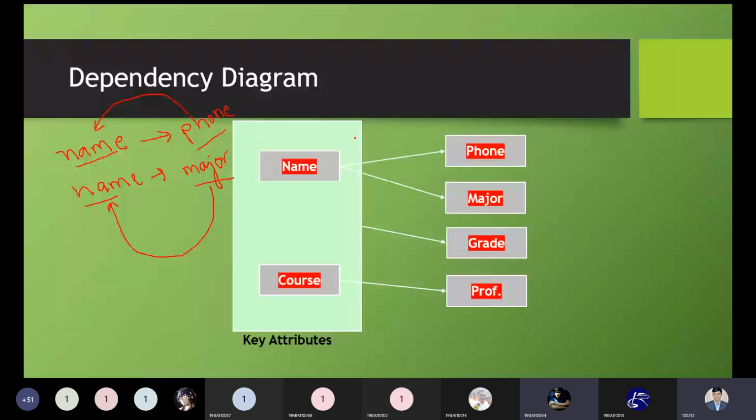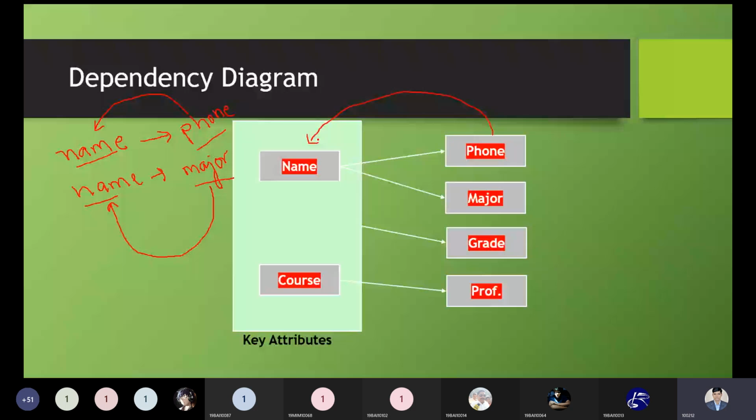Here the important words are name, phone, and major. These are the various attributes. So phone is an attribute which depends on the student name. Suppose the student name detail is not entered into the student relation, then what is the sense of putting the phone number?